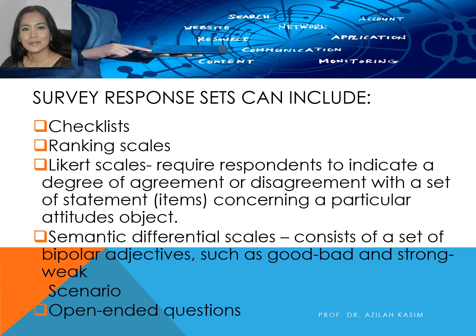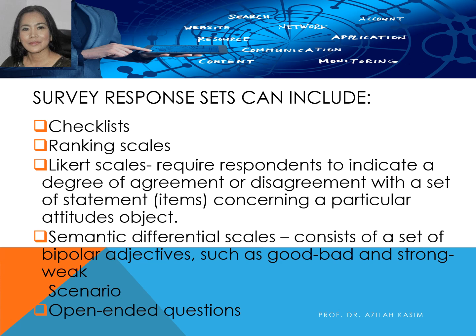Yeah. So again, when you're preparing your response set, you can use checklists as your response set. You can use ranking scales. Yeah, you can ask them to rank 1 to 10. You can use Likert scale. Likert scale means you have strongly disagree all the way to strongly agree. 5 Likert scale or 7 Likert scale. Yeah, and they can choose whichever.